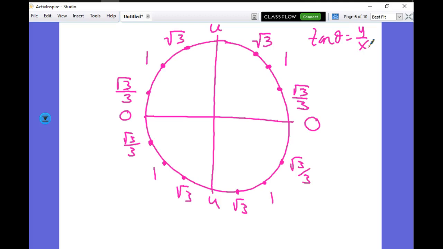In what quadrant are x and y both positive? 1. So all of these are going to be positive. In which quadrant are x and y both negative? In 3. So it's positive here as well. However, in the other quadrants, since only one variable is negative, when you divide a positive by a negative, you get a negative. So these are all negative.